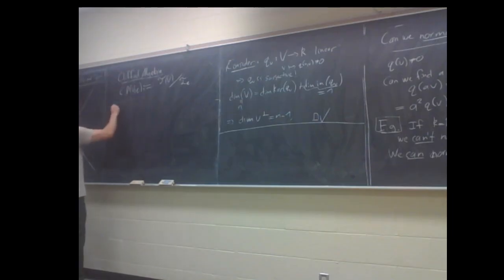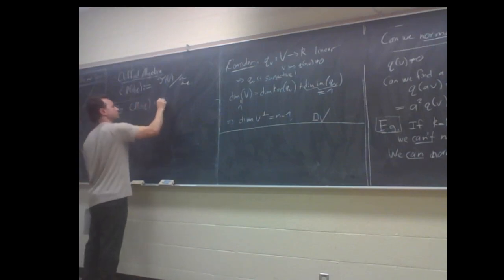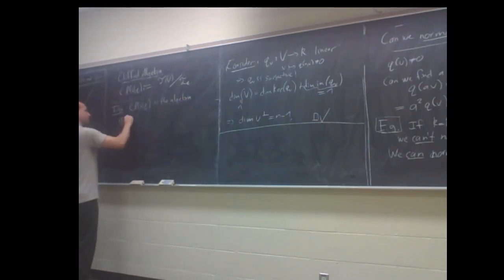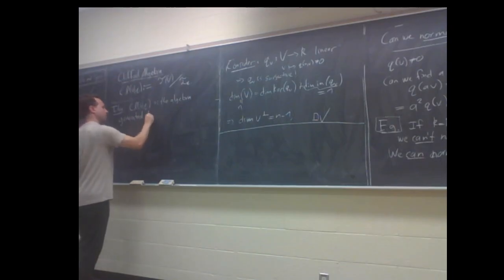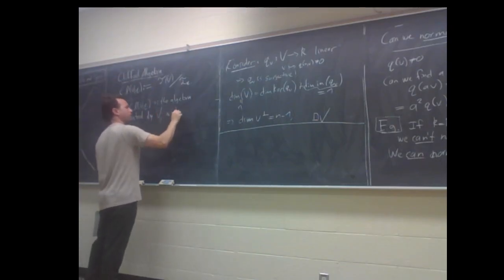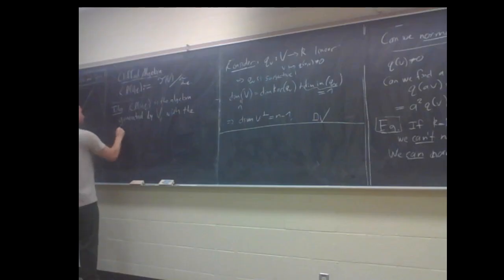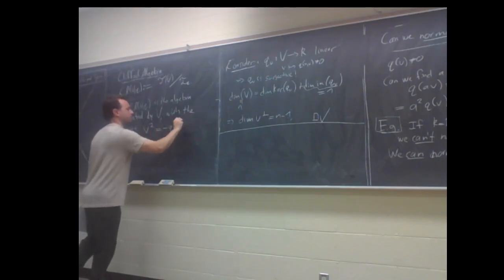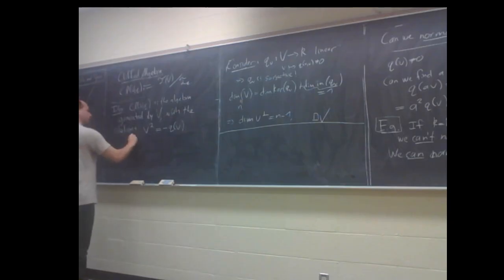So the idea is that CL(V,Q) is the algebra generated by V with the following relations: v squared equals minus Q(v) for all v in V. You can match that up to what we had on the other side of the entire blackboard, so the people watching are going to have a hard time seeing it.